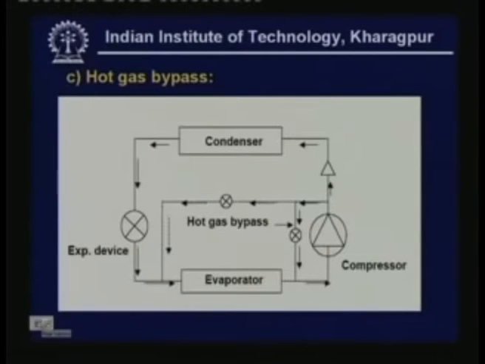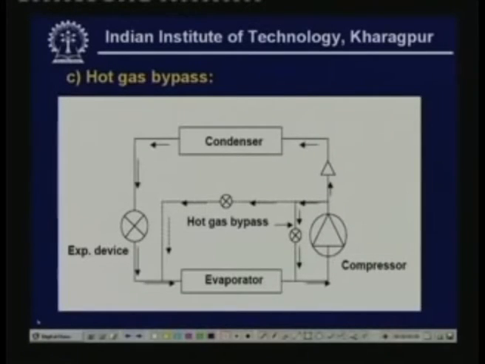You can also have another hot gas bypass method, where instead of sending this hot gas to the inlet to the compressor, you can send it to the inlet to the evaporator. That means you are not using this, but you are using this valve. This valve is again controlled by the pressure of the evaporator, and when the evaporator pressure falls, this valve opens. When this valve opens, the refrigerant vapor comes directly to the inlet to the evaporator.